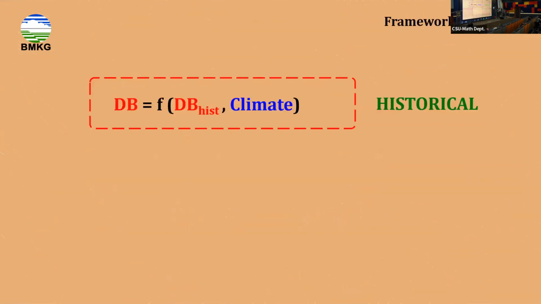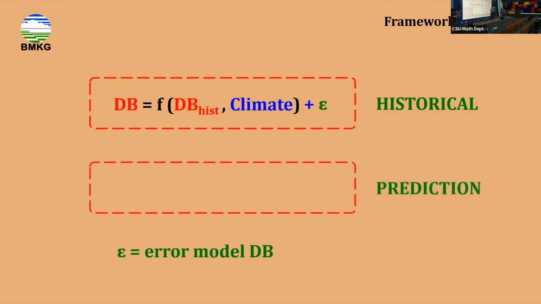And this is the framework. We have the historical data of dengue, so we create a historical function of dengue that is affected by the climate. This is the error of our model.